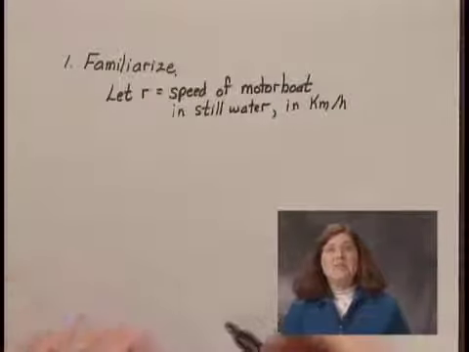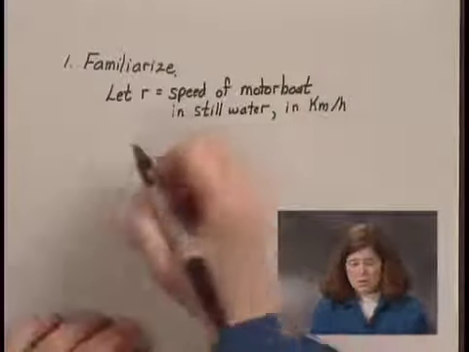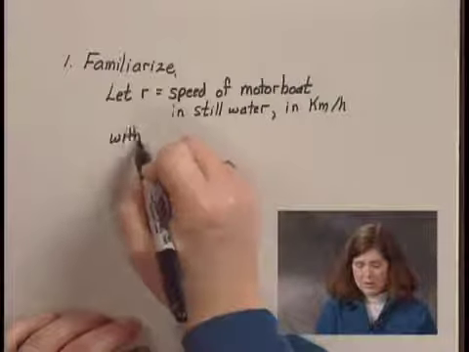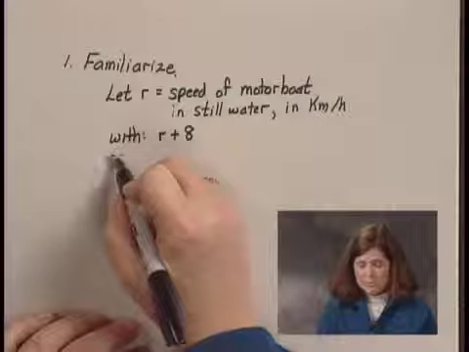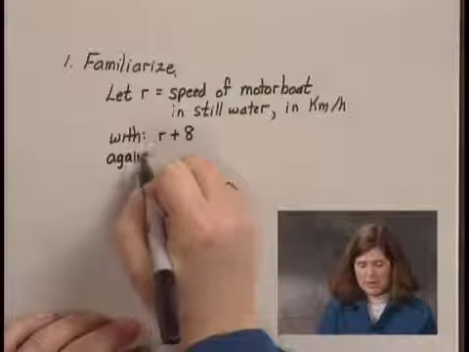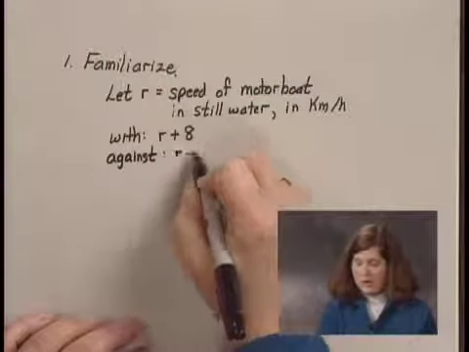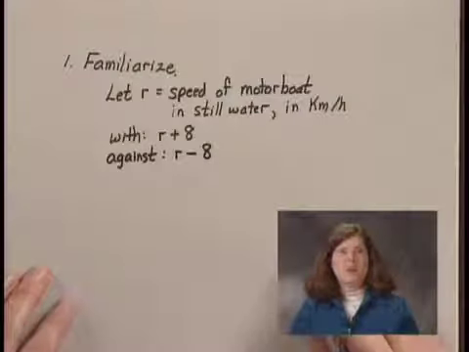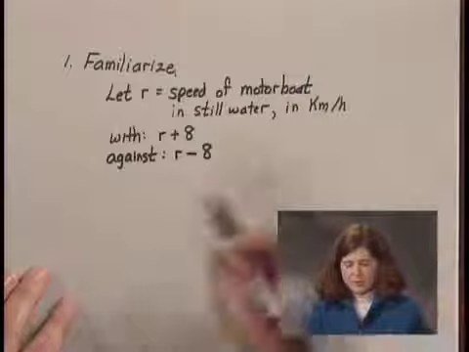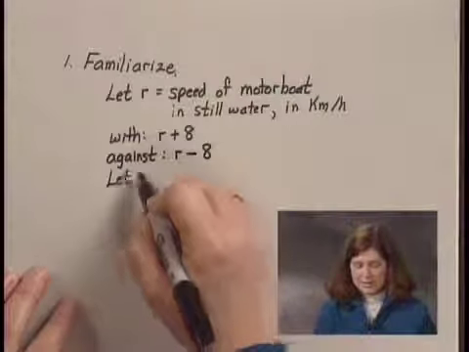Then the speed with the current would be R plus 8, and the speed against the current would be R minus 8. Now, we don't know how far the motorboat traveled either, so we'll let D equal the distance it traveled.